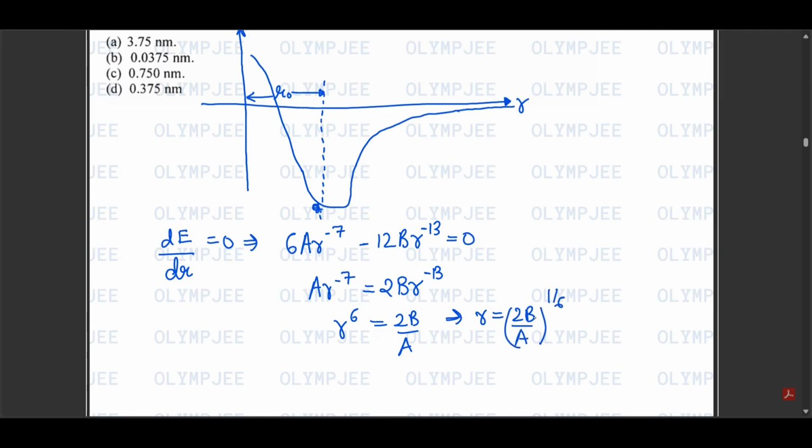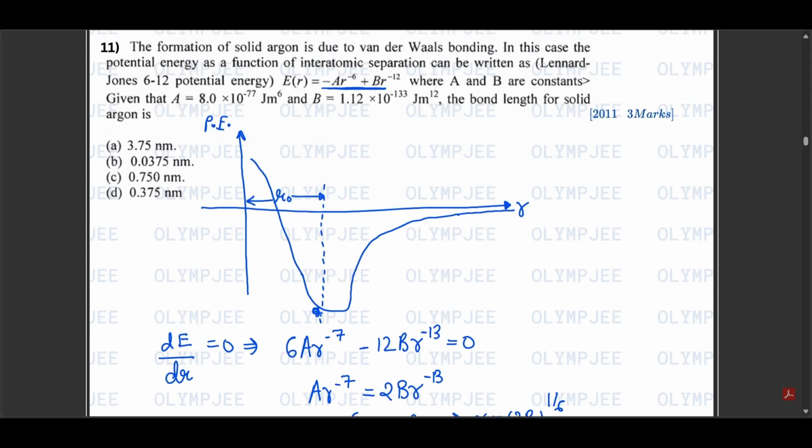If we put the values of b and a in this function, we will get the value of r, which gives us the bond length, because the bond length is the r at which the minima of this E(r) is occurring.